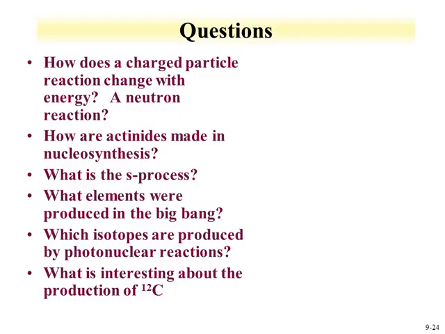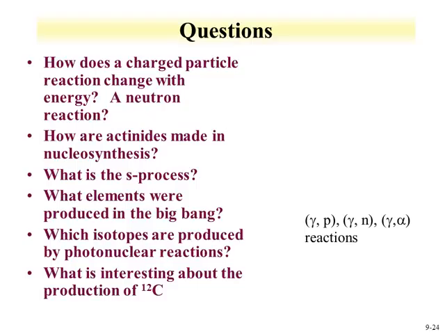We also discuss other aspects of nucleosynthesis, such as which elements were produced in the Big Bang, the lightest three, primarily being hydrogen. What isotopes are produced by photonuclear reactions? That's actually a question that basically says, well, what's your target? Because these are your primary photonuclear reactions, where a photon can react with a target nucleus releasing a proton, which would be decreasing the Z by 1, removing a neutron, decreasing the A by 1, or removing an alpha particle.